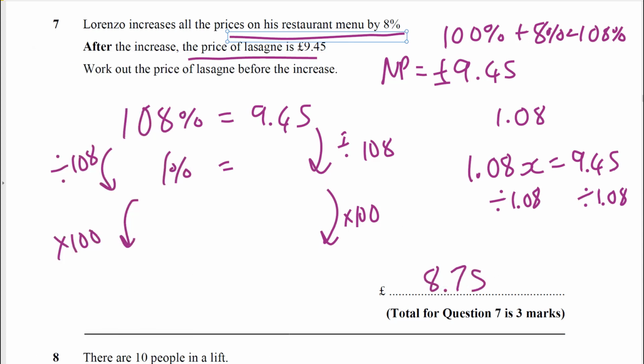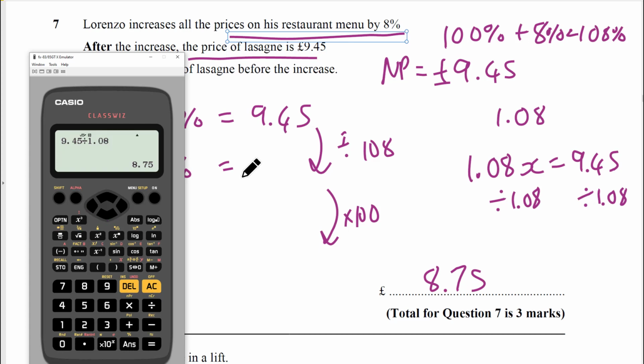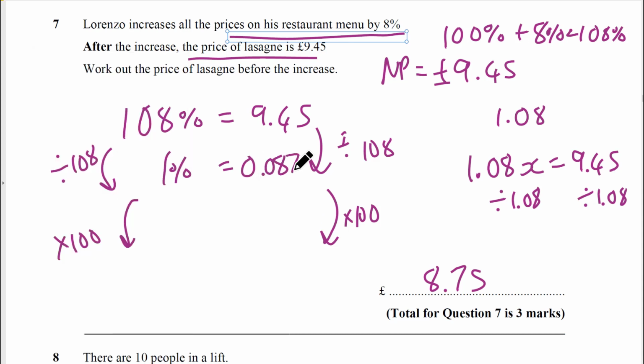And as you can see, if I do the other method, divided by 108 to get 0.0875, and times that by 100, you get the same answer, whatever you prefer.